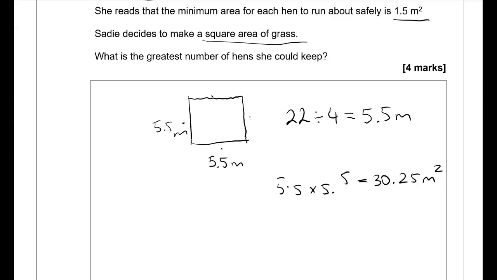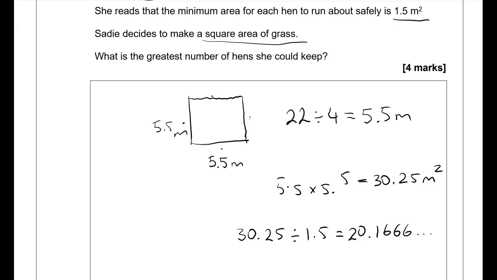I'm going to divide it by 1.5 to see how many hens could fit. So 30.25 divided by 1.5 gives us 20.166 recurring. So do I go down to 20 or up to 21?